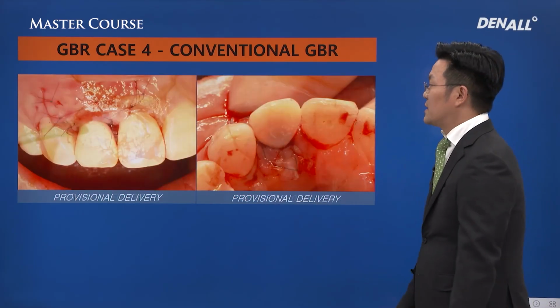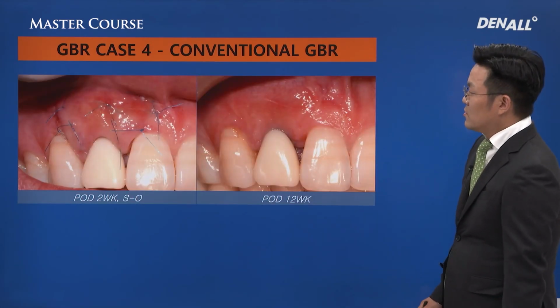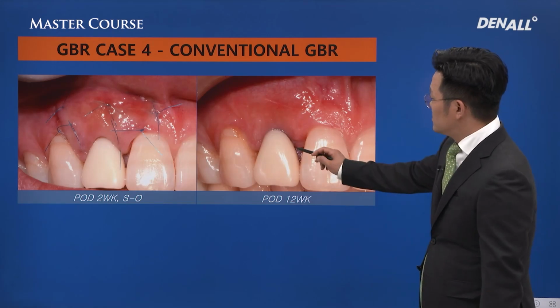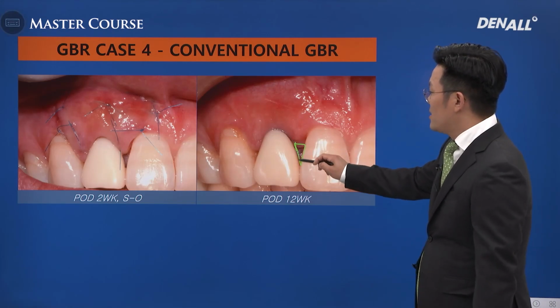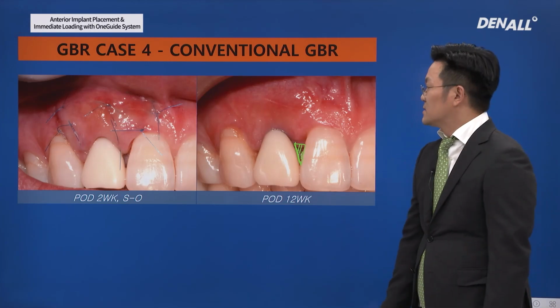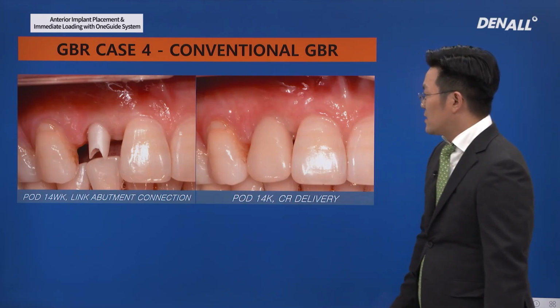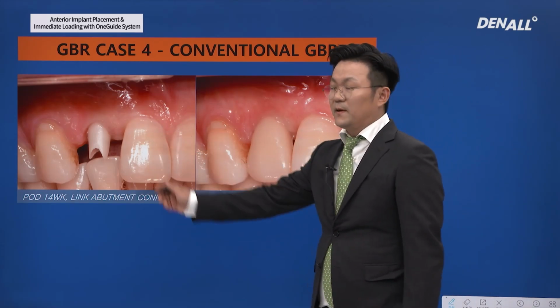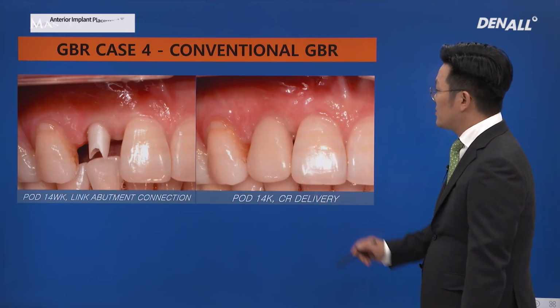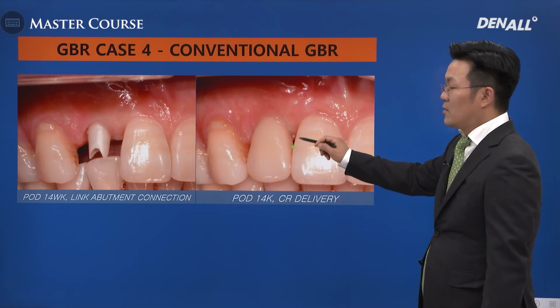In the follow-ups and healing, the black triangle was rather big. But I delivered after 14 weeks and used a ring abutment. After delivery, the contact point is up to here, so slowly soft tissue migrates and fills it up, and as you can see, it's not really visible.